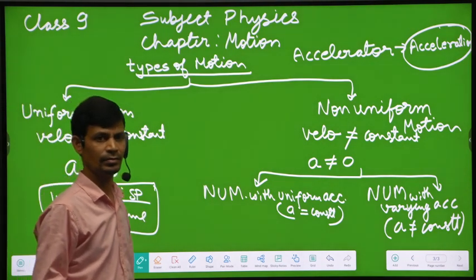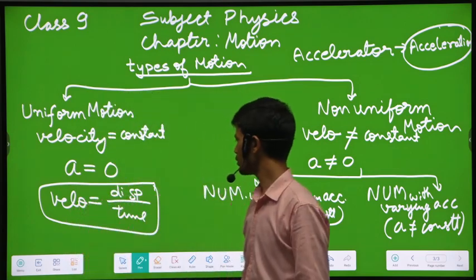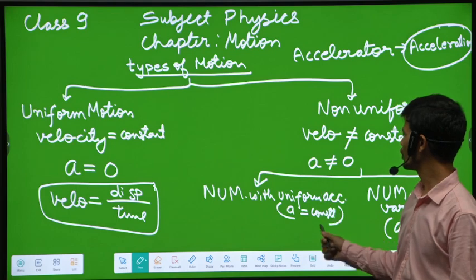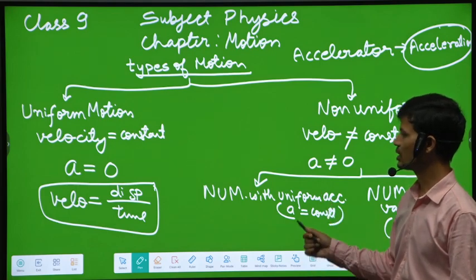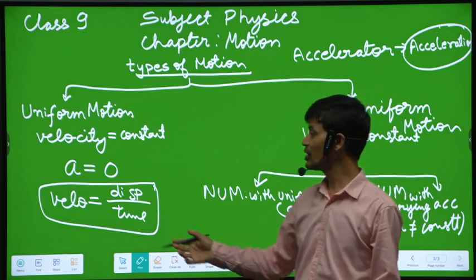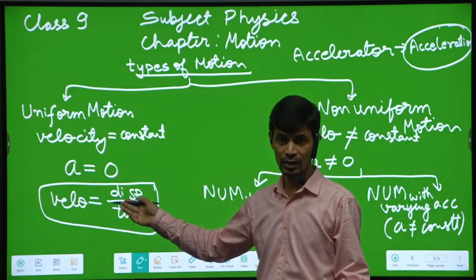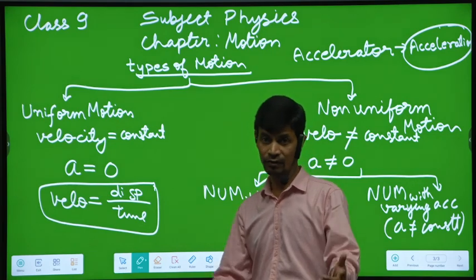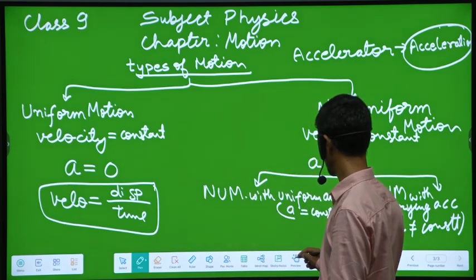That's all. Nothing more is required. But for non-uniform motion with constant acceleration, because velocity is changing, which velocity will we put in this formula? We'll put average velocity. How will we find average velocity?